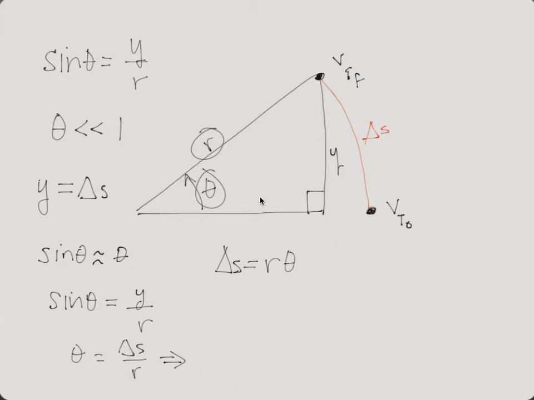So we're going to connect our tangential velocities to our angular velocities this way. So let's go ahead and do that. We know that delta S over delta T is just going to equal our tangential velocity.